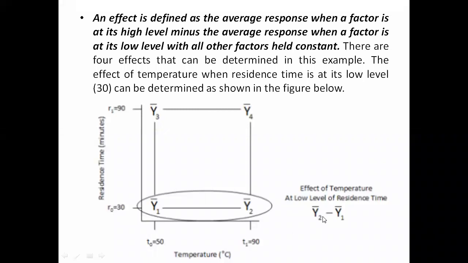Here you can see y2 minus y1. That is the effect of temperature at low level of residence time. So low level of residence time means this one, y2 minus y1.